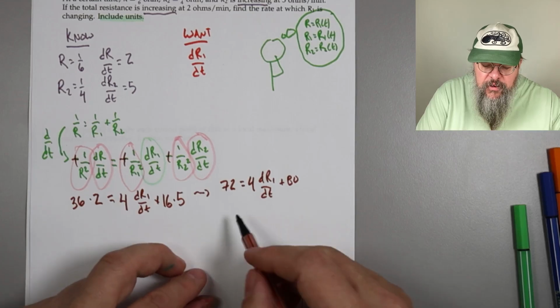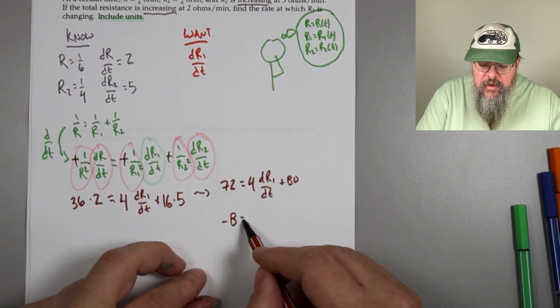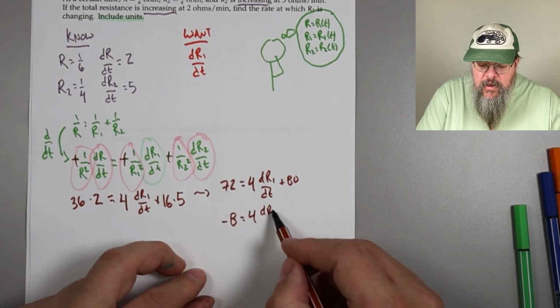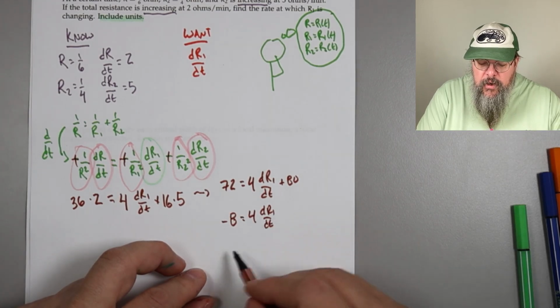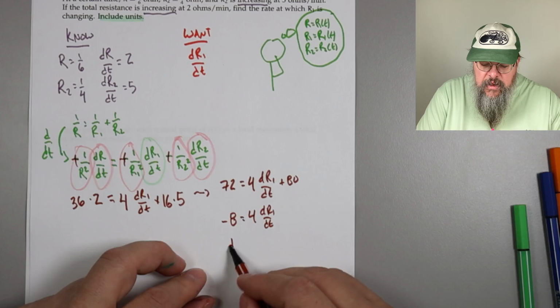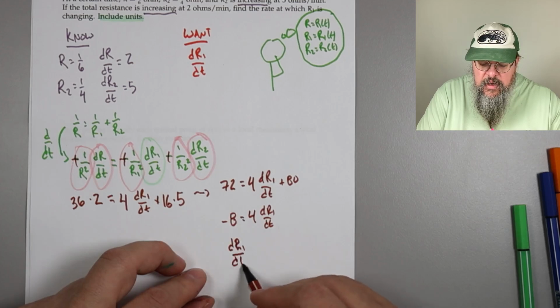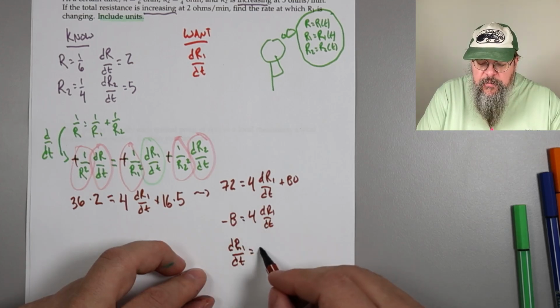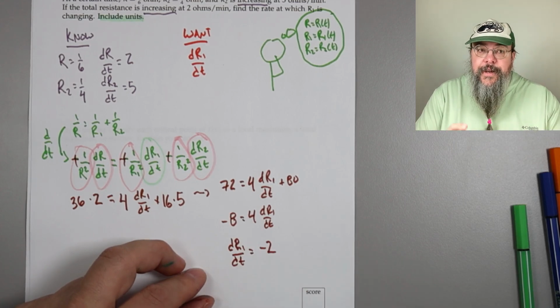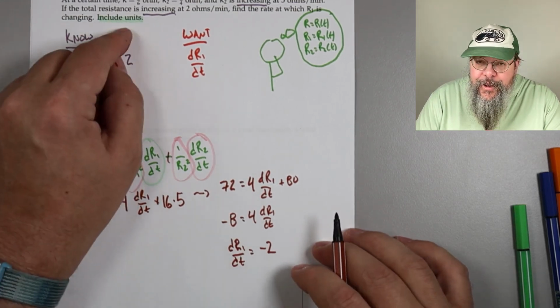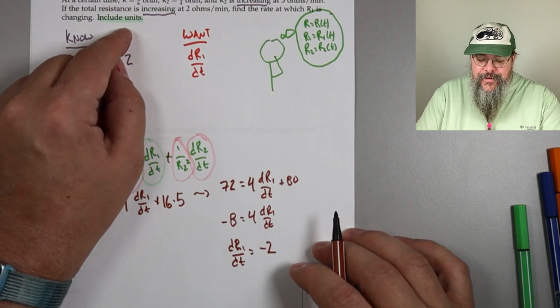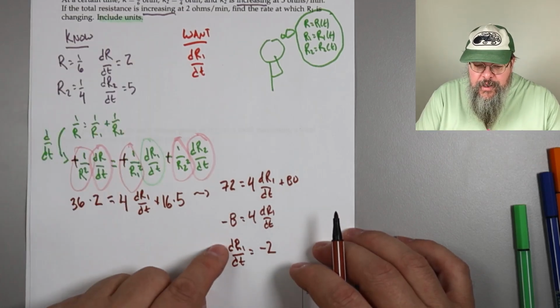All right, move the 80 across. We get 72 subtract 80 is negative 8 equals 4 dr1/dt, or we could say that dr1/dt is negative 8 divided by 4, which is negative 2. Now, remember, include units. What is R1?